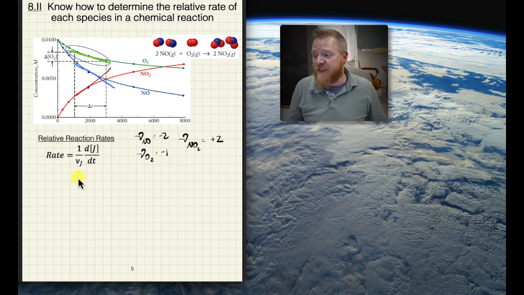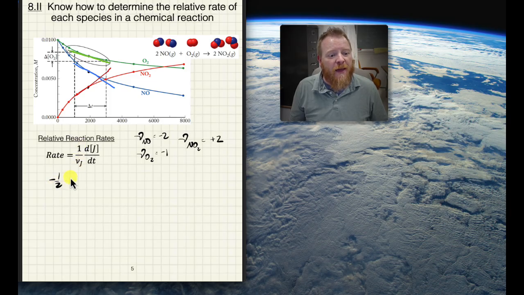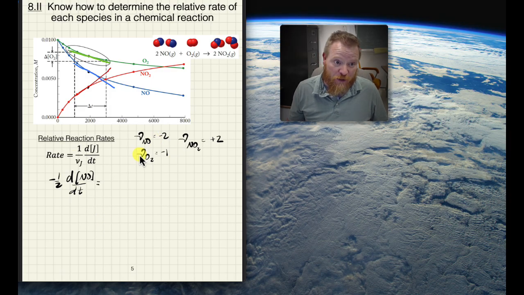So now as we set all of these rates up, we can do the following. For NO, that's going to be -1/2, right? 1 over -2. And that's going to be dNO over dt. Well, we can set that equal to the next rate when we consider the stoichiometric coefficient.